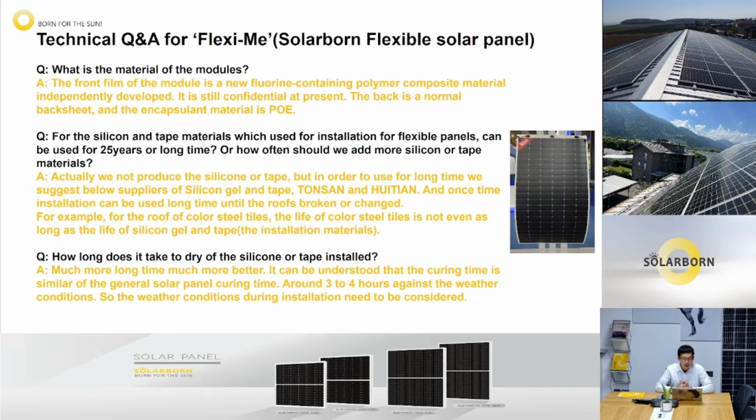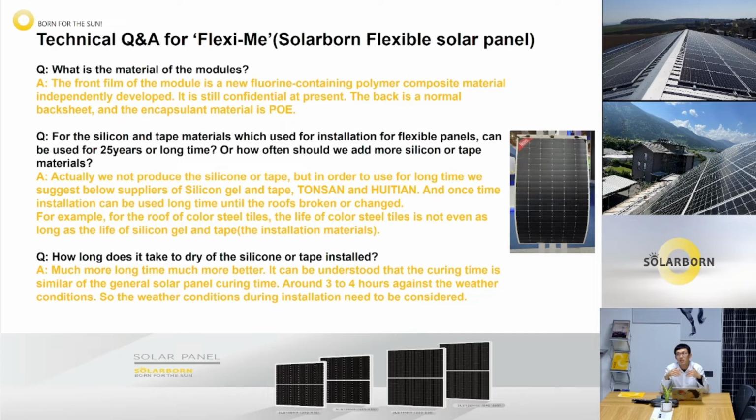For example, for a roof of color steel tiles, the life of the color steel sometimes is not very long. For example, after 10 years, maybe the steel rooftop will be broken or have to be changed. Maybe at that time, we have to make a new installation for the panels.